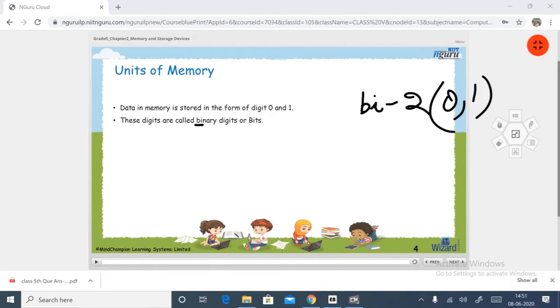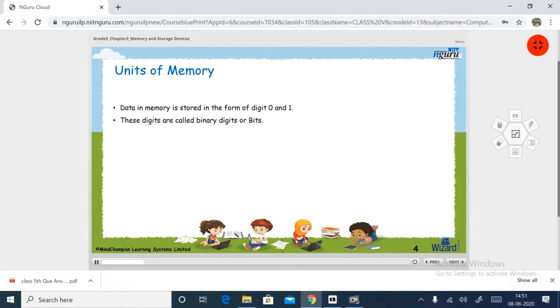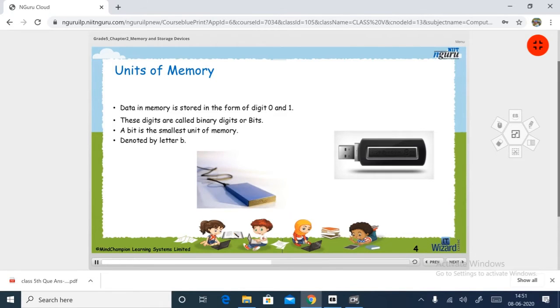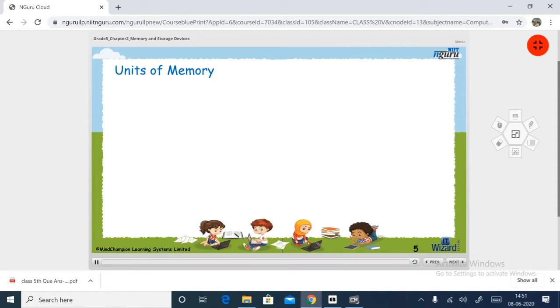There are two numbers, so bi means 2. A bit is the smallest unit of memory and is denoted by the small letter b. So data in memory is stored in the form of 0 and 1, the binary digits.